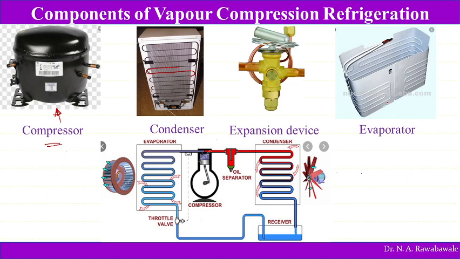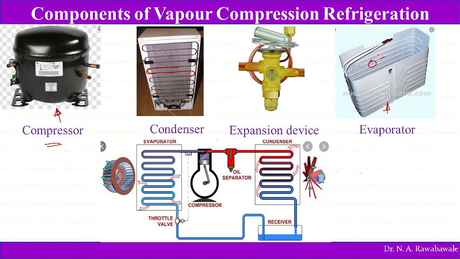You can find this component in your refrigerator at the top, which we call the freezer. In this evaporator, the refrigerant absorbs heat and gets evaporated, and this is the fourth main component of a refrigerator where the cooling effect is seen. Here the cooling effect that we call the refrigerating effect is seen in this component.